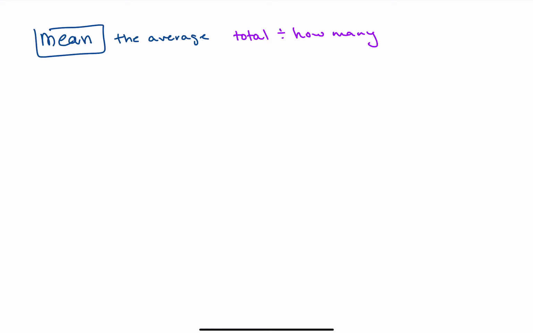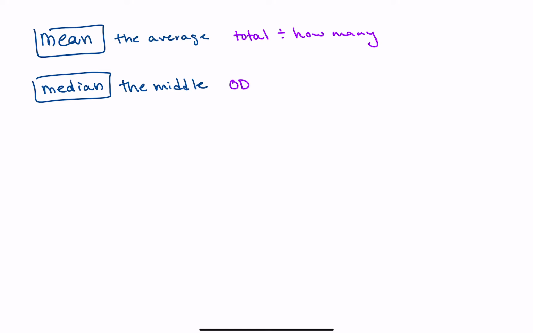So we have the mean, right, which is the average. And we find that by figuring out the total and dividing by how many. Then we have the median, which is the middle. But we have two different cases for when we have a middle.